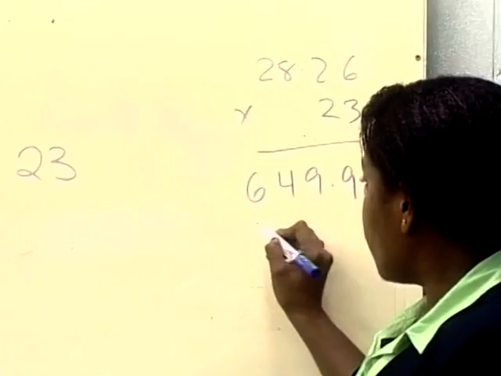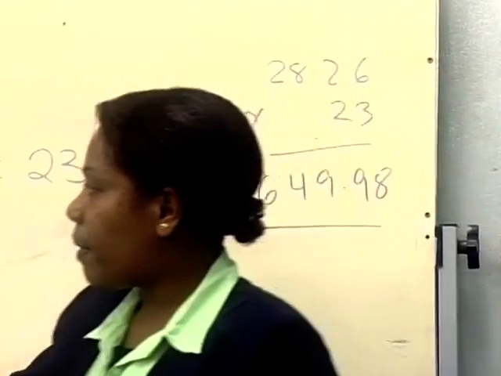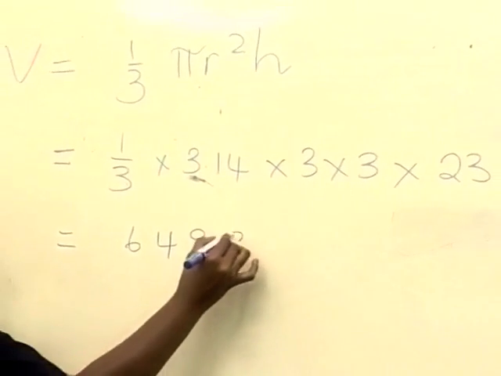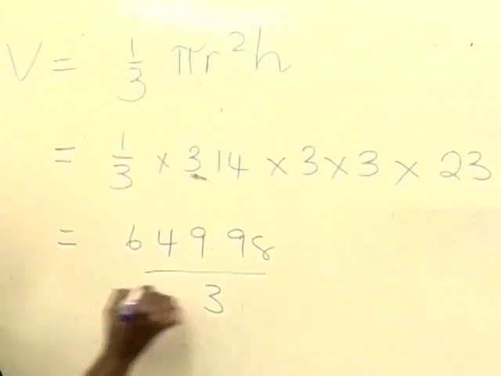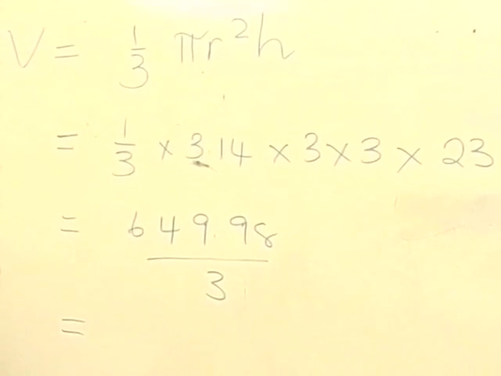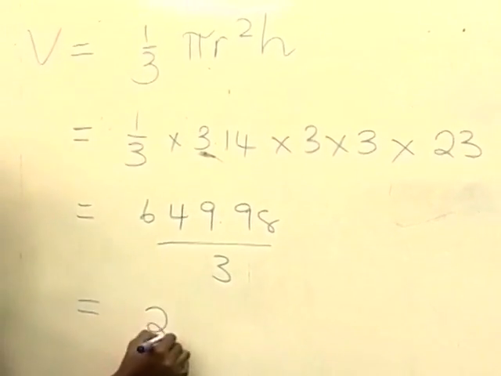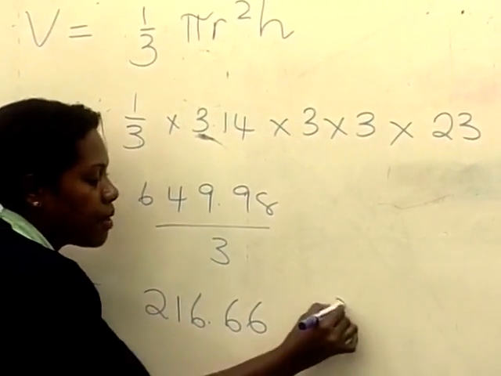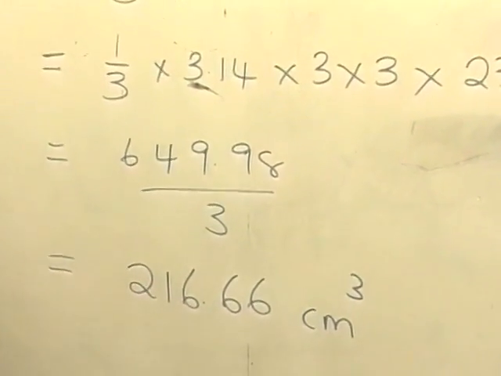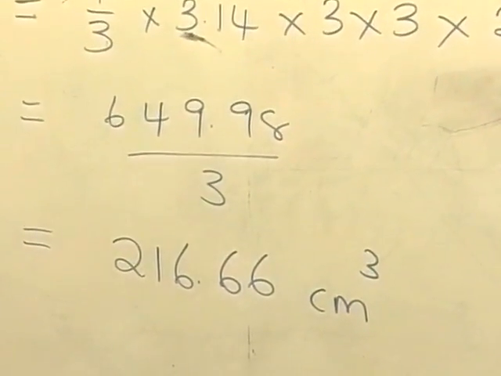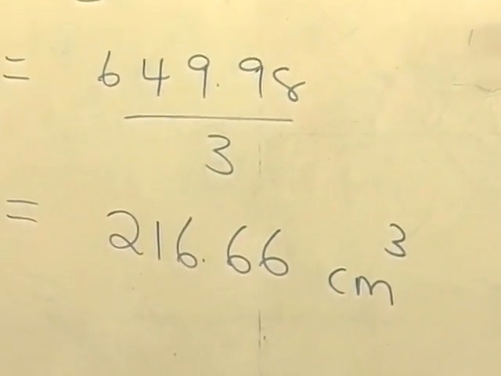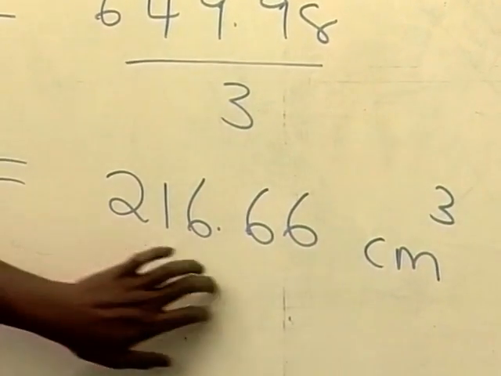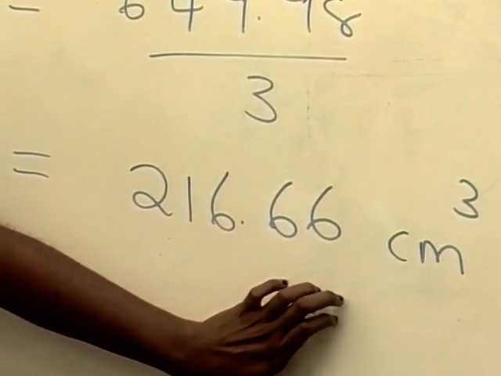And then what do we do? Divide by 3. 649.98 divided by 3. What's our answer? 216.66 cubic centimeters. That's the volume of the cone. This is our final answer.